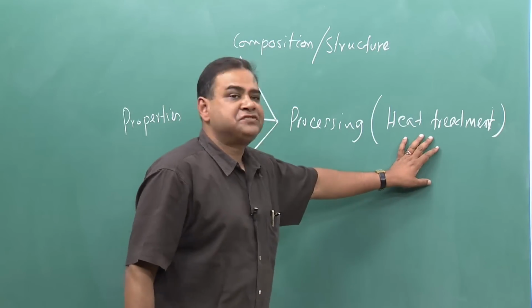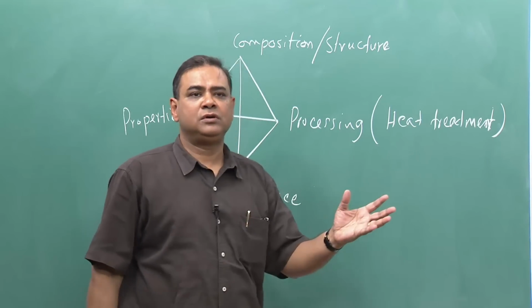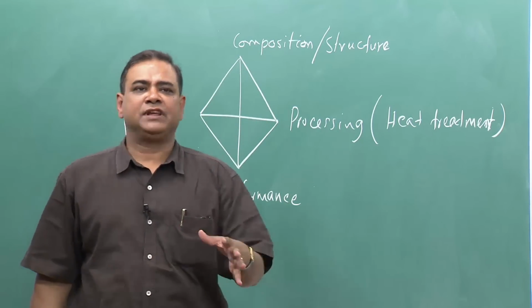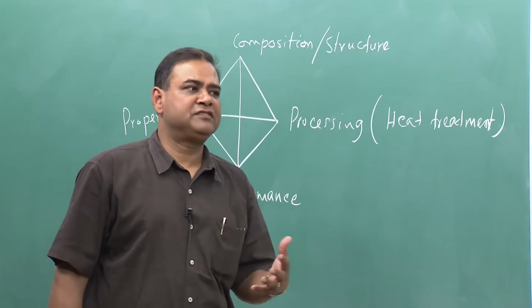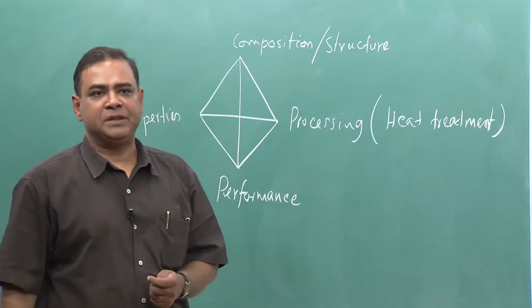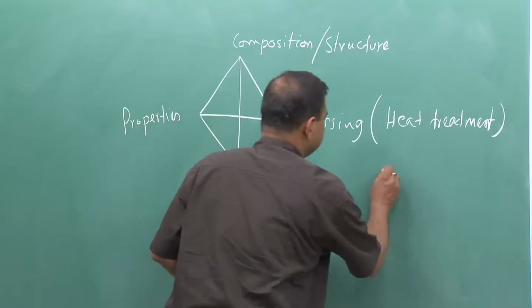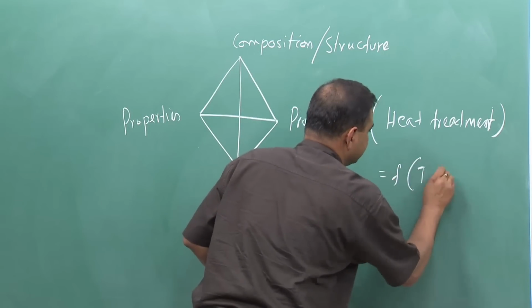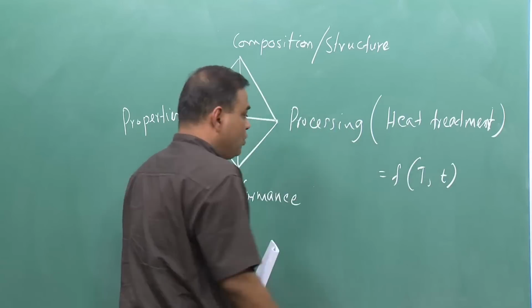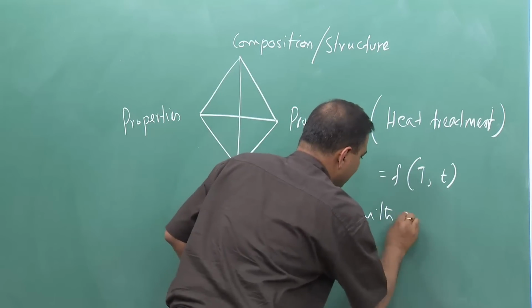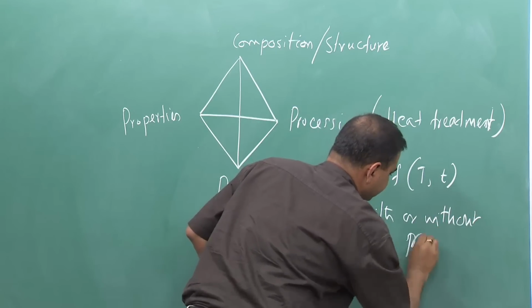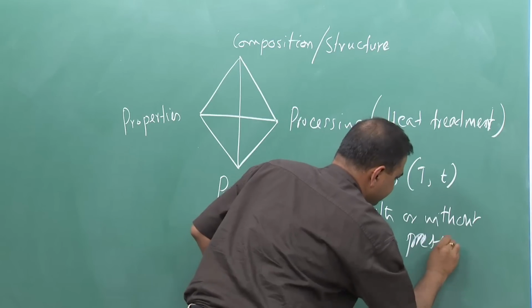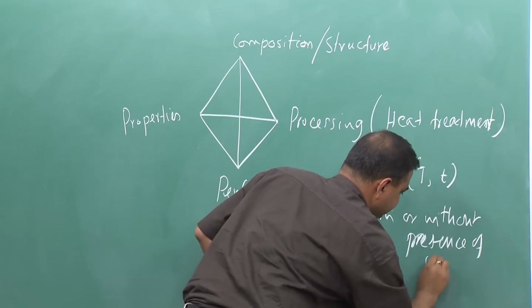When we analyze heat treatment, there are 2 ways to analyze things. One is we straightaway go and see what the time and temperature is, because heat treatment is a function of nothing but time and temperature, with or without the presence of stress.